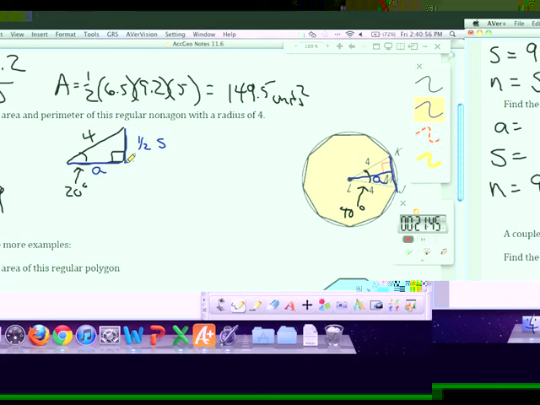A over h is cosine. The CAH in SOHCAHTOA is cosine. So cosine of 20 degrees is equal to a over 4. A word of warning, make sure your calculators are in degree mode when you're trying to use these trig functions. You don't want to be in radian mode accidentally.